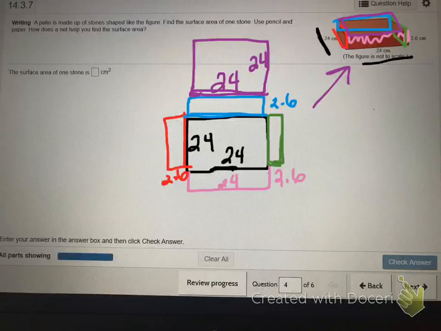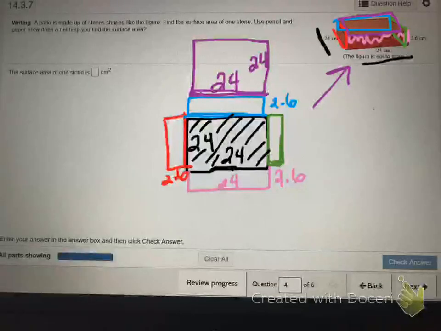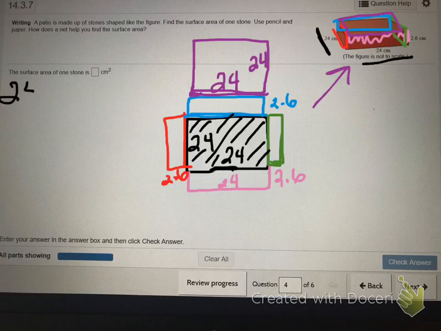So I'm going to start here with this original base that we drew, and that's going to be 24 times 24. That's going to be the area of that. So you just punch that in your calculator and figure that out.